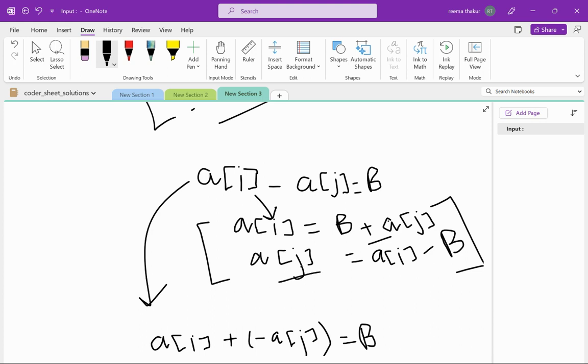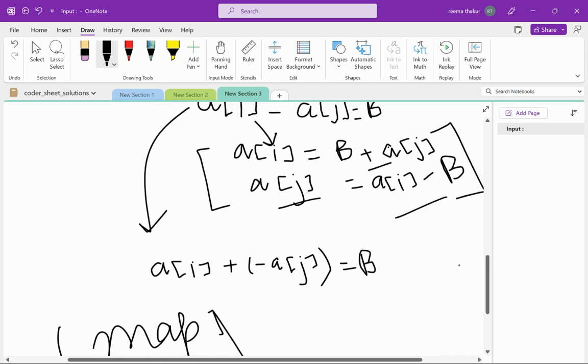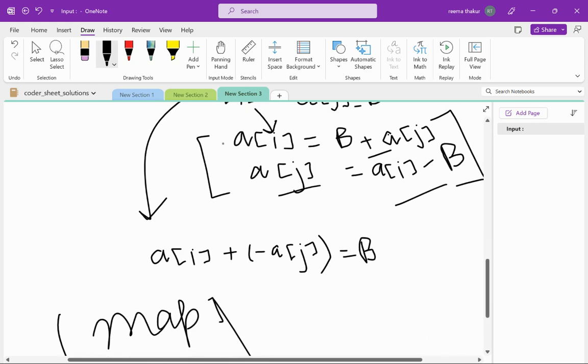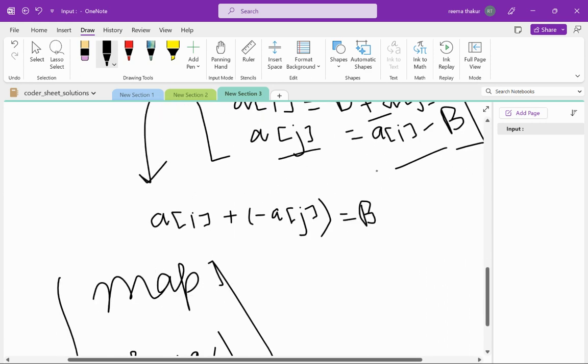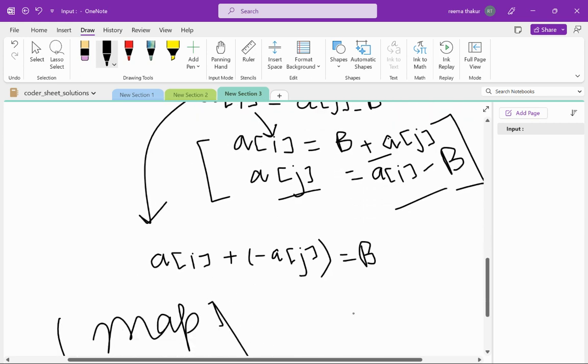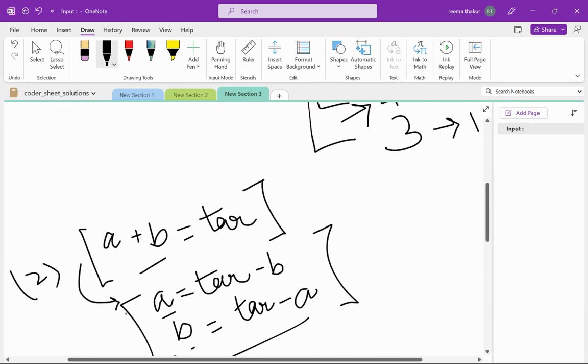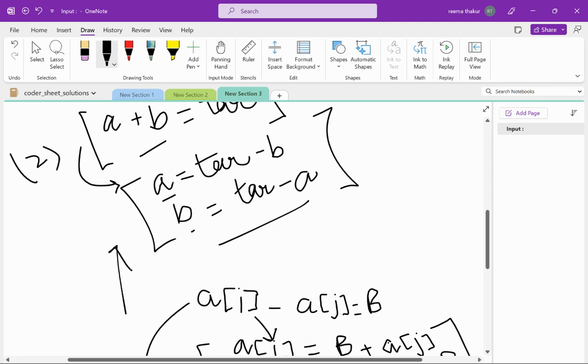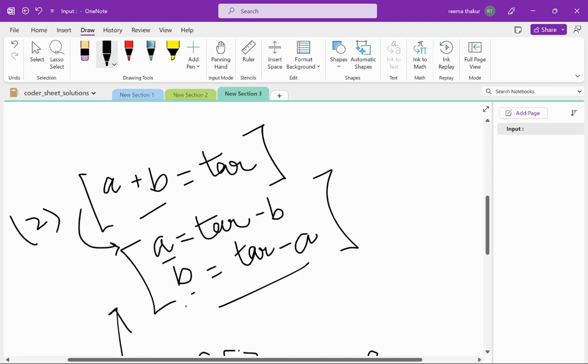So, A[j] can also be derived as A[i] minus B. You can use the same concept again and get the values.